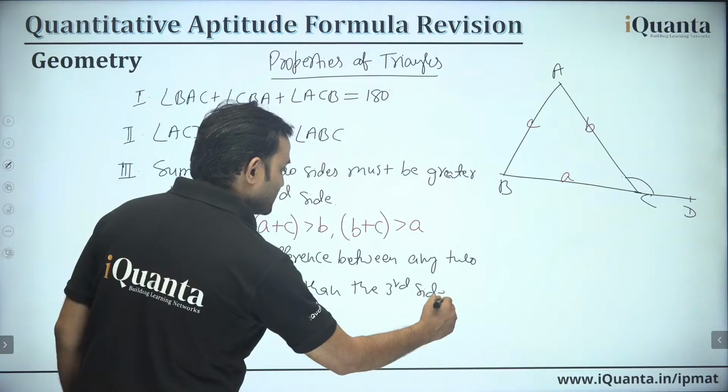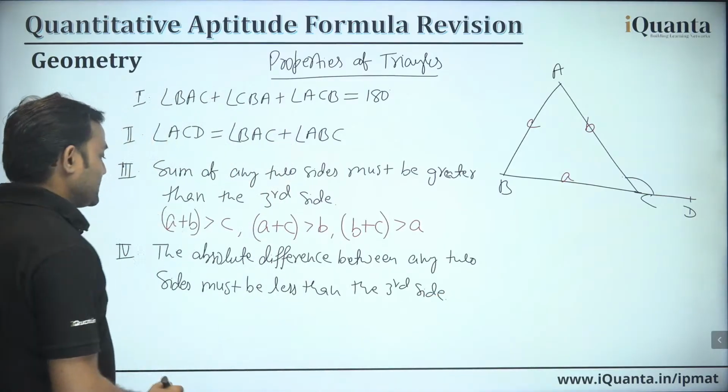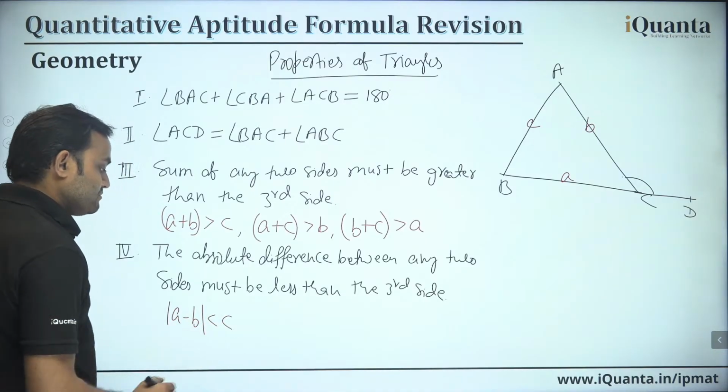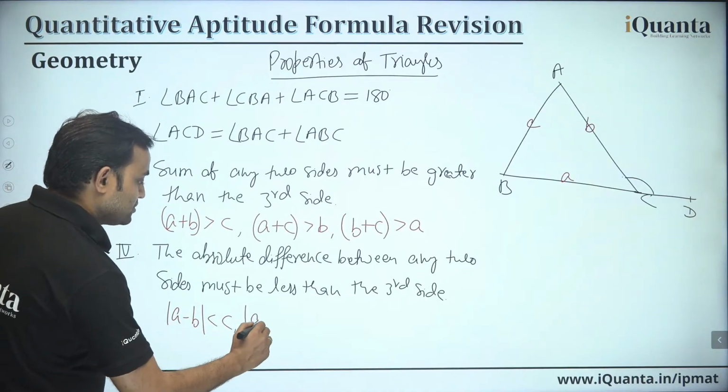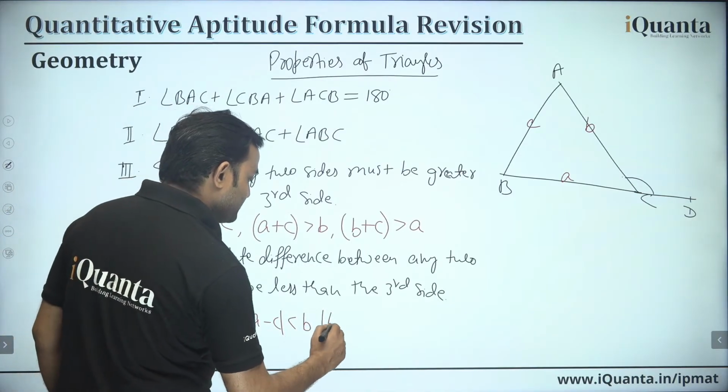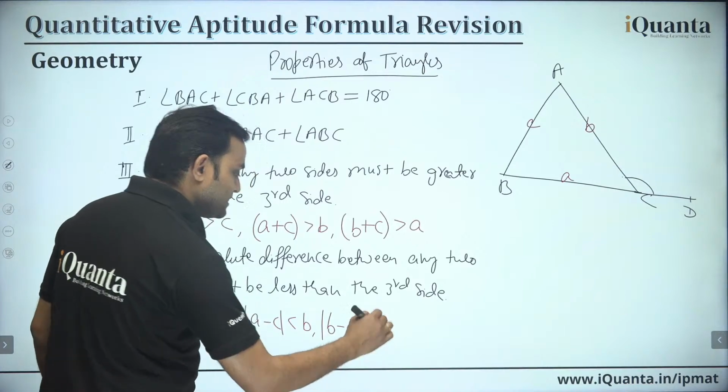The absolute difference between any two sides must be less than the third, meaning the absolute difference between a and b must be less than c. The absolute difference between a and c must be less than b, and the absolute difference between b and c must be less than a.